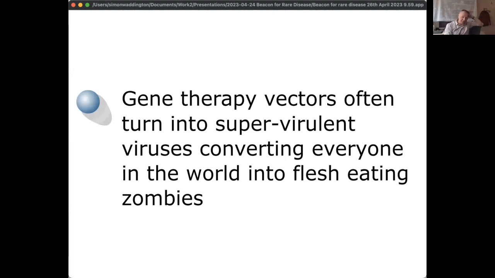And particularly for gene therapy for inherited genetic disease, you want as little of the original viral genetic material in there as possible. So one of the vectors which has proved to be most useful is called AAV, which is adeno-associated virus vector. And here it has about 5% of the original viral DNA.